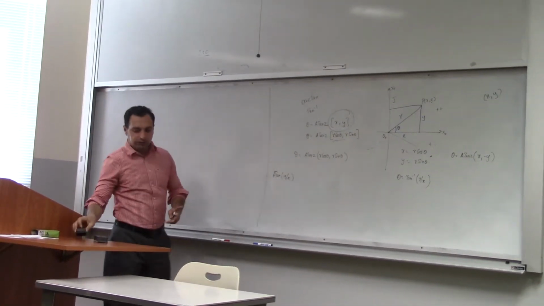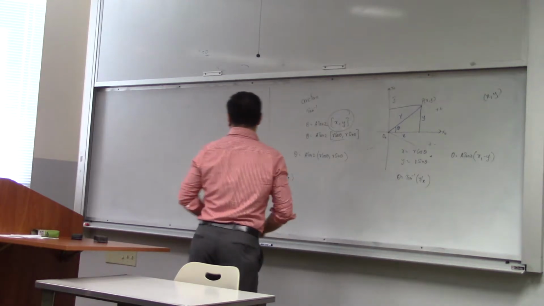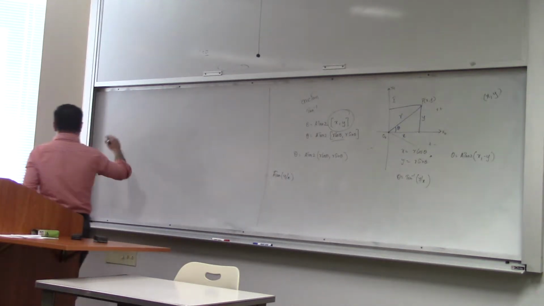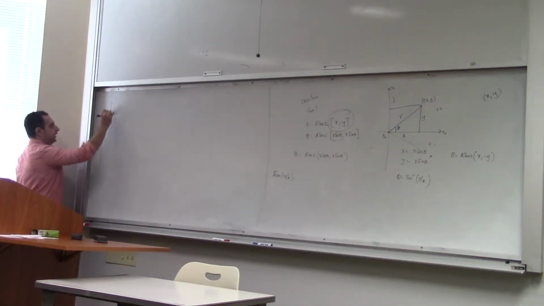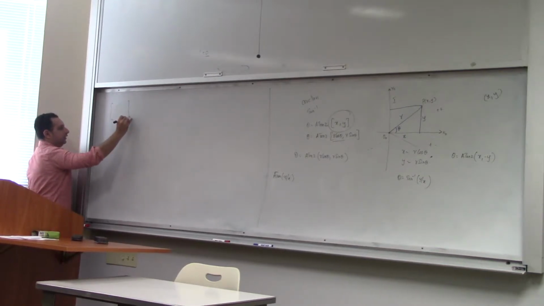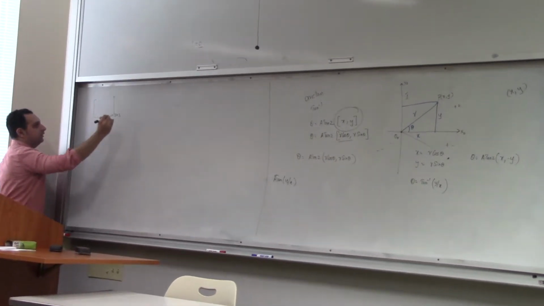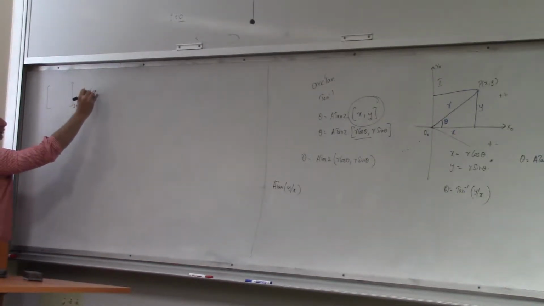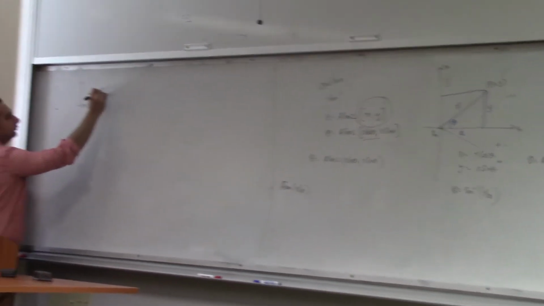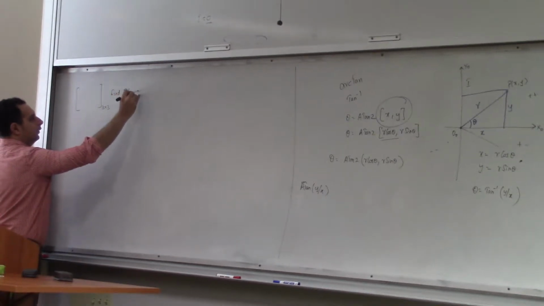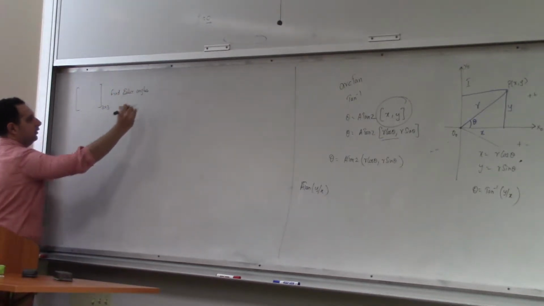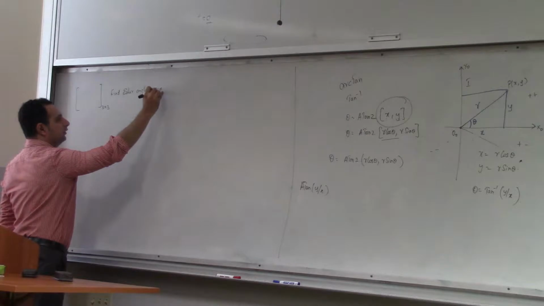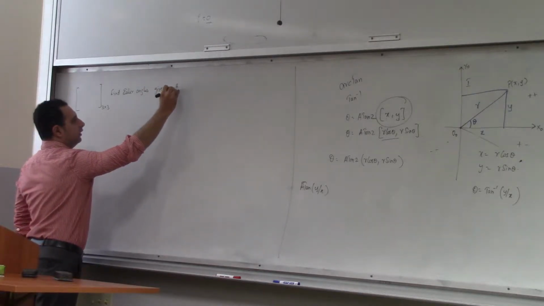So what is the inverse Euler problem? The inverse Euler problem is if I give you a 3 by 3 matrix like this, you have to find the Euler angles. Find Euler angles given an R 3 by 3 matrix.